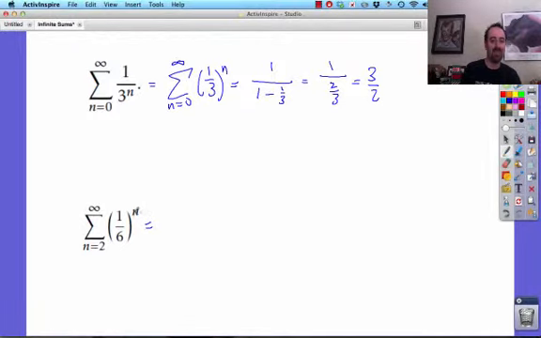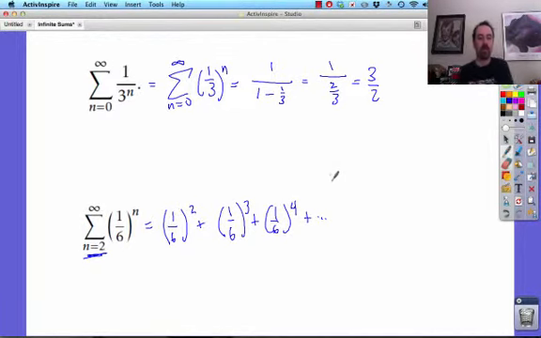If we do the same thing, we go 1/6 to the n. But now we're summing from 2 to infinity. We have to do a little bit more work. Basically, we can write this out briefly and see how this is going to look. This is going to be 1/6 squared plus 1/6 cubed plus 1/6 to the 4th plus dot dot dot.